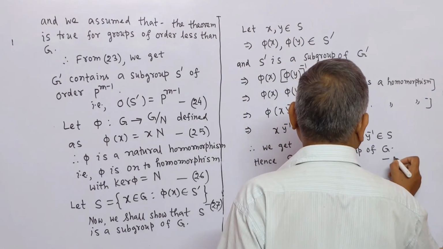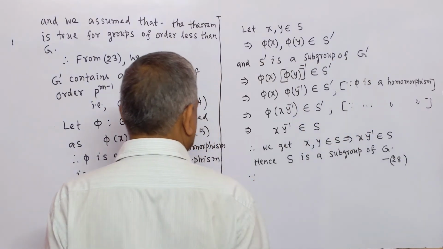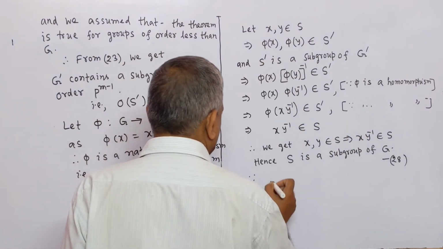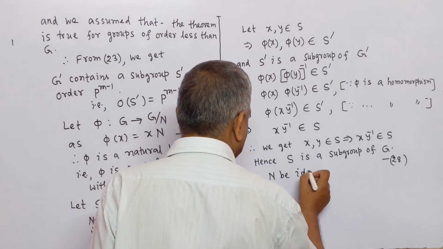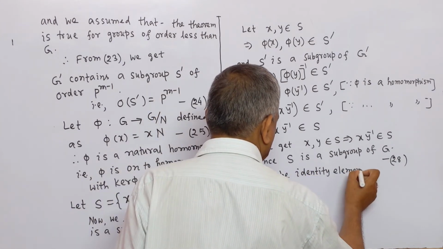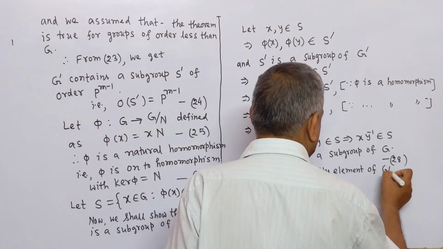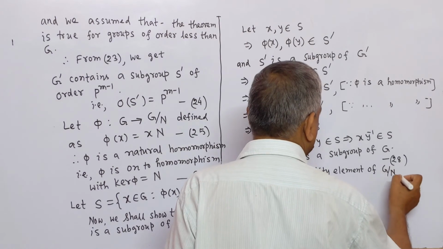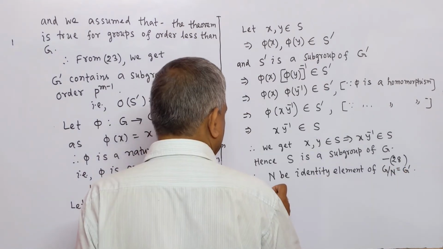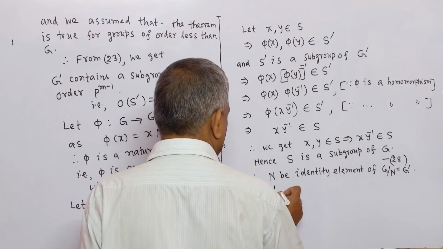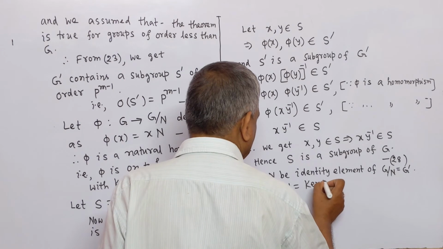This is number 28. Since N is the identity element of quotient group G by N, that is G prime, and N equal to kernel of phi.